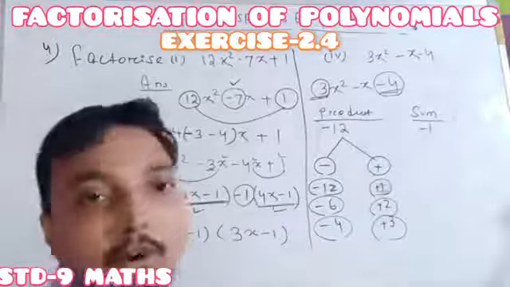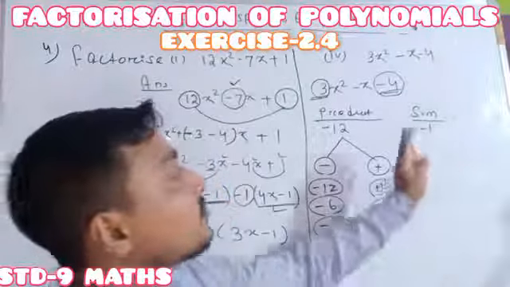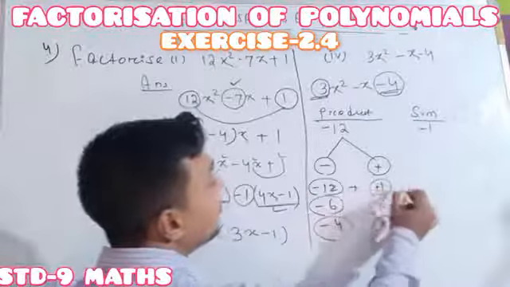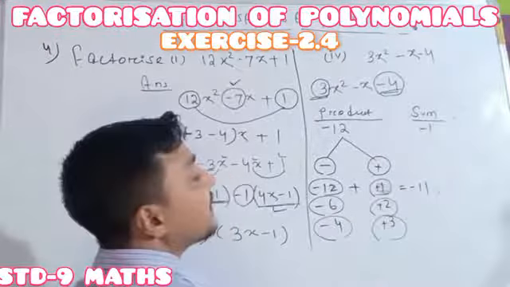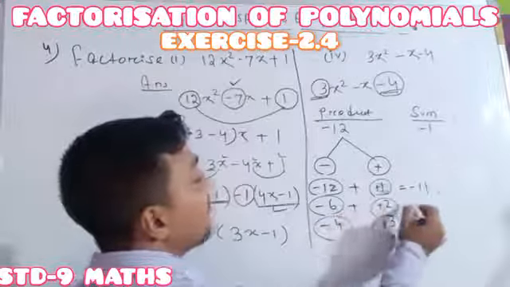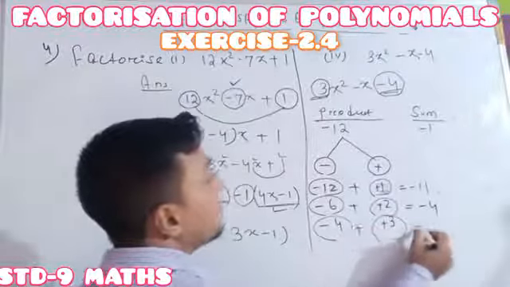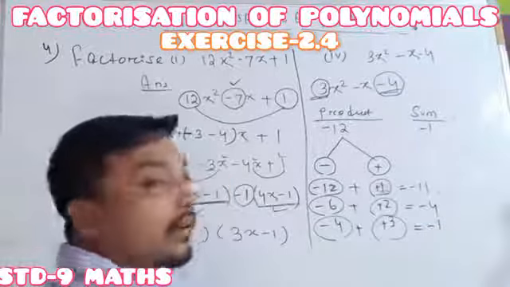But I want the product to be minus 12 along with the sum being minus 1. Here the sum is equal to minus 11. Here the sum is equal to minus 4. Here the sum is equal to minus 1. So which two integers do we have to consider?